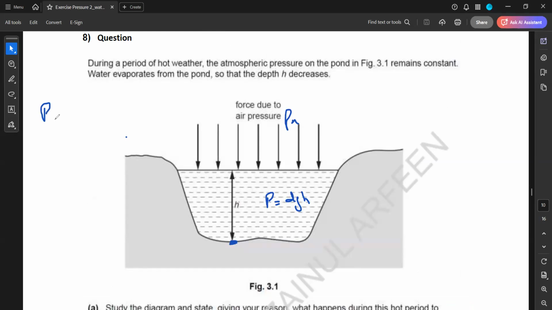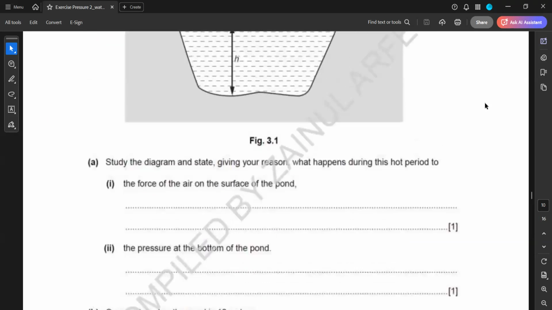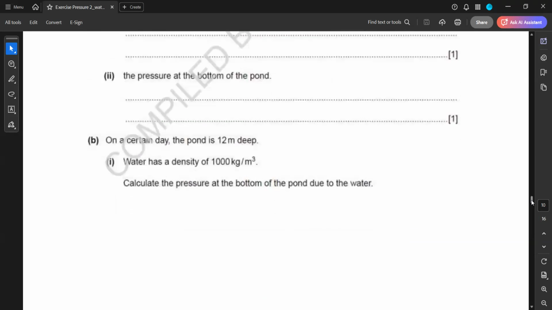So if the question is to find the total pressure exerted at the base of the pond or the container, then it is the pressure of the liquid plus the pressure of the atmosphere. But if they ask to find the pressure exerted by the liquid only, then you use density, gravity, and depth. So the question will be different related to finding the pressure by liquid or the total pressure.